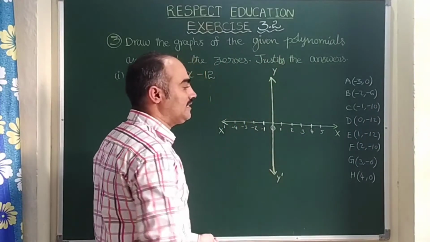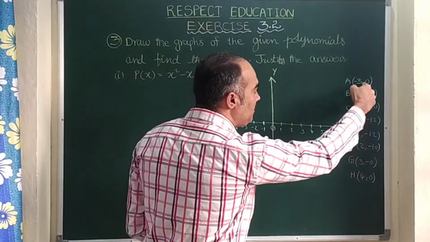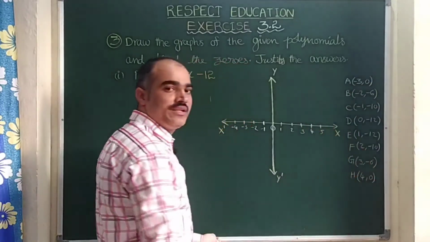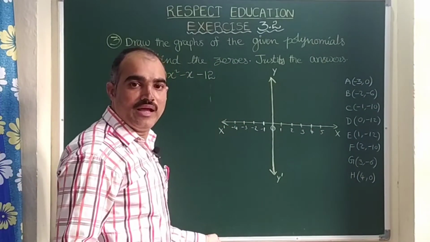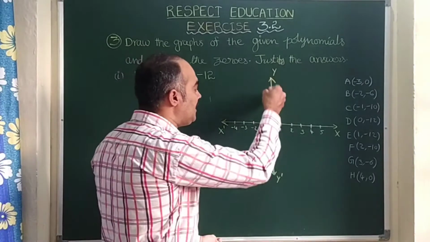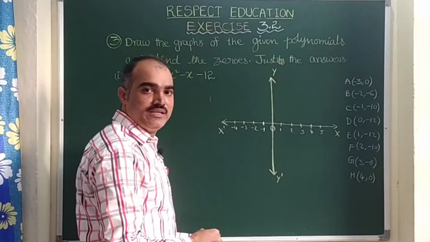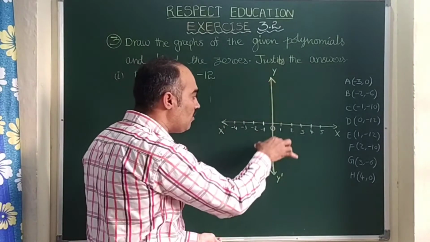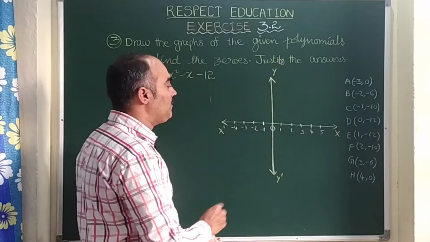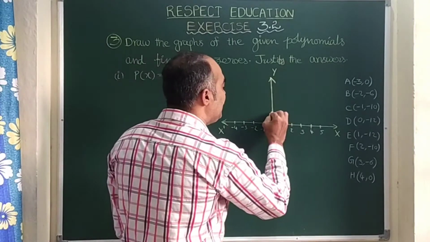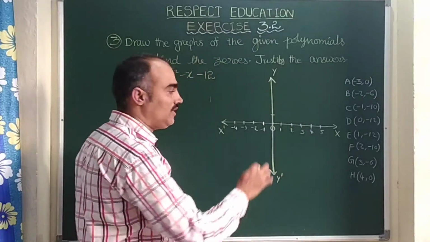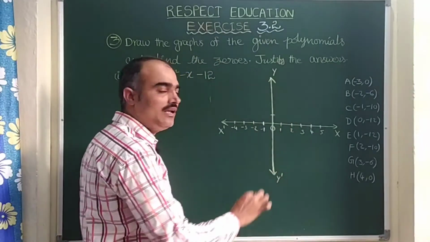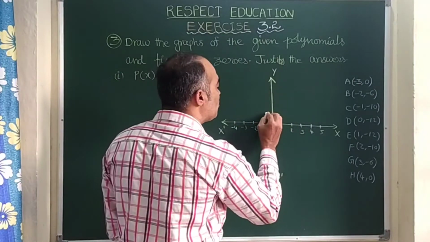Here the thing is that when the y values are more, you have a choice to decide the scale of y. As I do not have much place, here I am taking y axis each unit, actually this is called 1 centimeter, children. 1 centimeter I am taking as 2 units.